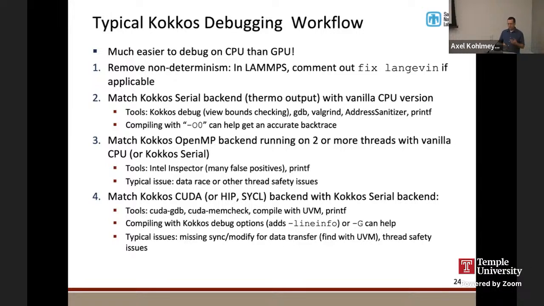If you compile with Kokkos debug options, bounds checking does work on GPUs. It may have less functionality than on CPUs. If you compile with Kokkos debug, it will add -lineinfo for NVIDIA GPUs. That's useful, but in order to get a true stack trace in GPU code, you have to compile with -G.